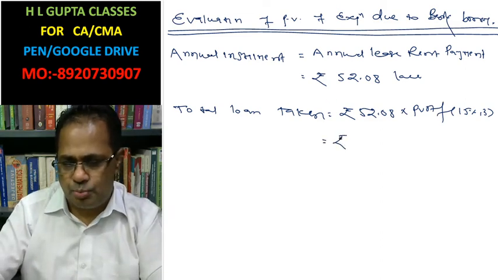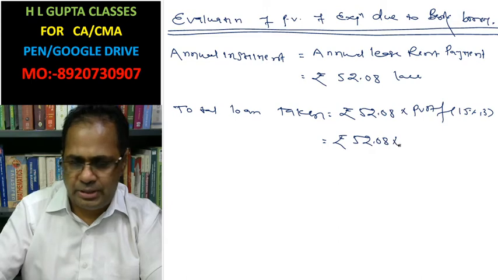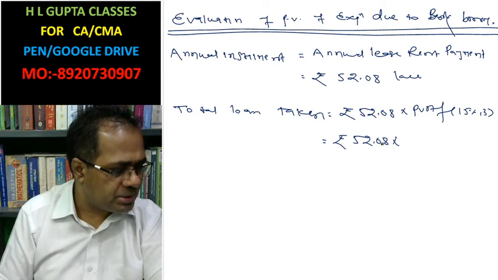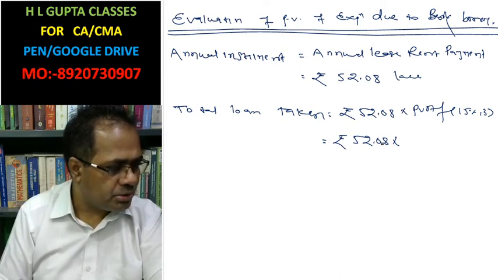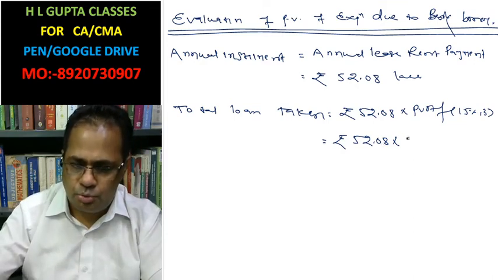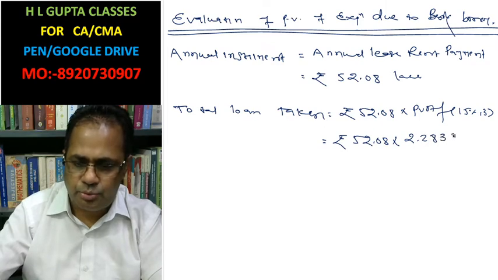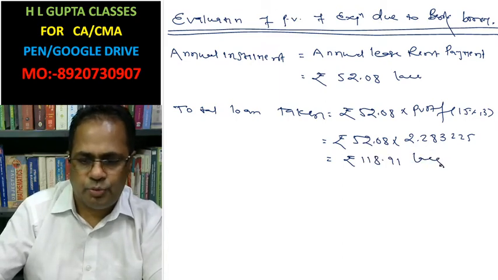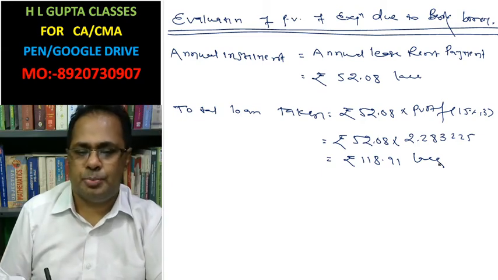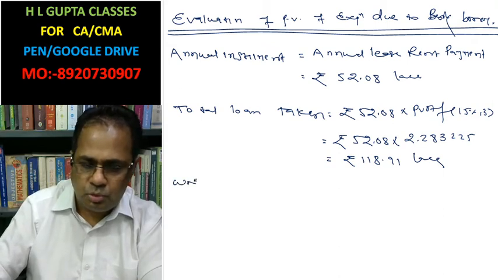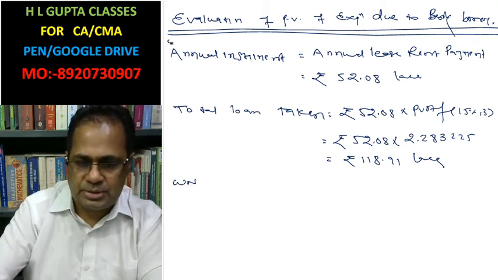That is rupees 52.08 into the 15% annuity factor, 2.283225, which is rupees 118.91 lakh. The present value of installment, first working note. This was also a working note.